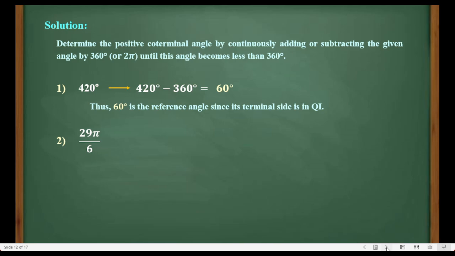So it's very obvious that this value is more than 2 pi. Okay? So to get its coterminal less than 2 pi, what are we going to do? So we're going to subtract that given measure by 2 pi.